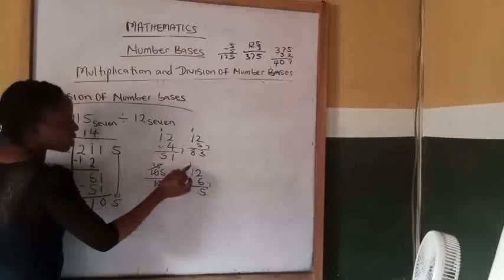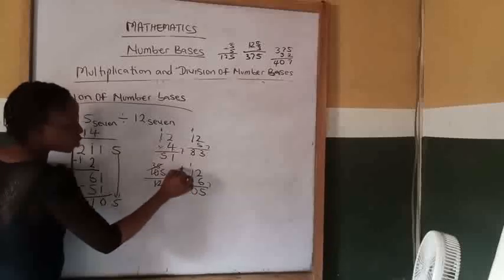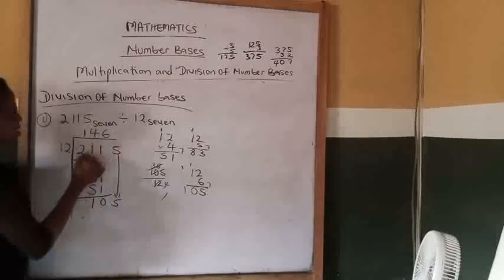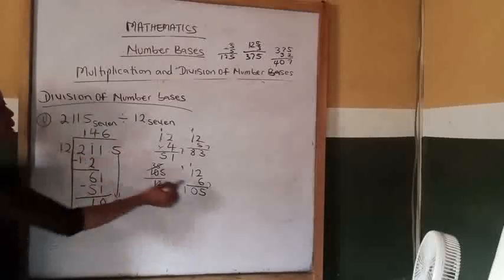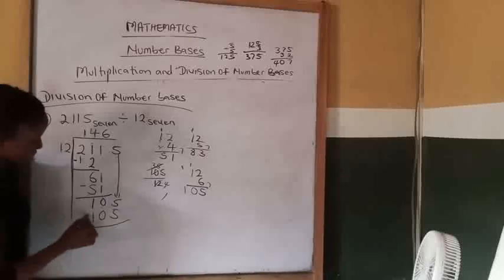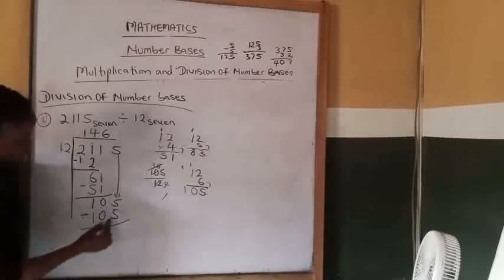Then how many 7 can we get in 7? That is 1, remainder 0. So the 1 here, we bring it down. So we can get 6. So 6 times 12 to our base 7 will give us 105. Then you subtract: 5 minus 5 is 0, 0 minus 0 is 0, 1 minus 1 is 0.